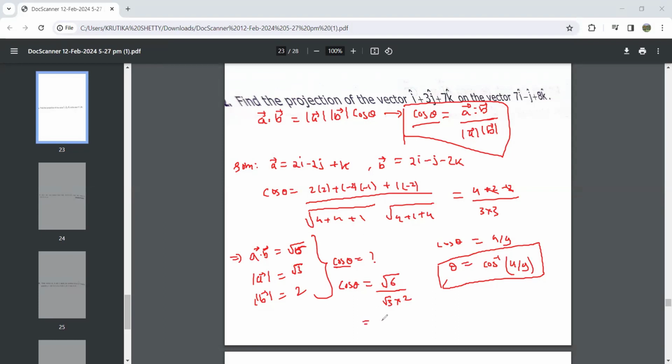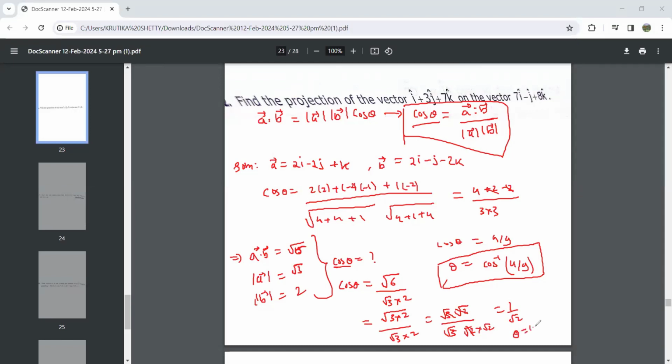So this root 6, I can write as root 3 into root 2, divided by root 3 into root 2. Root 2 root 2, root 3 root 3 will cancel. The value will be 1 by root 2.